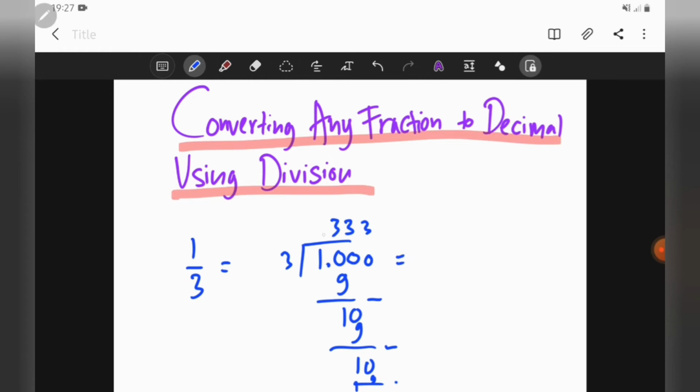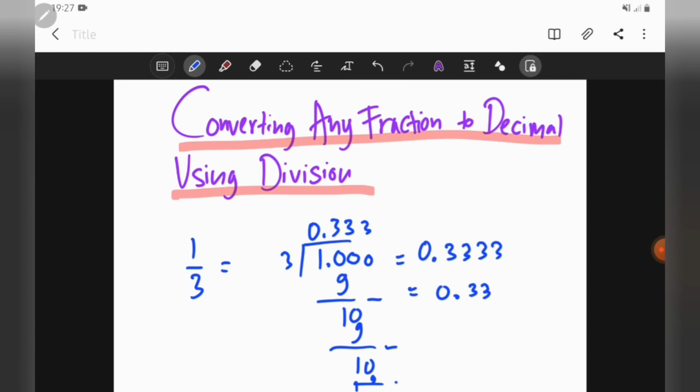The answer for this one, don't forget to put the decimal point there, and to make it proper, put a 0. So it is 0.3333 until infinity, until forever. To make it simpler, we can just keep 2 digits after the decimal point, so 0.33. This is only a special case.